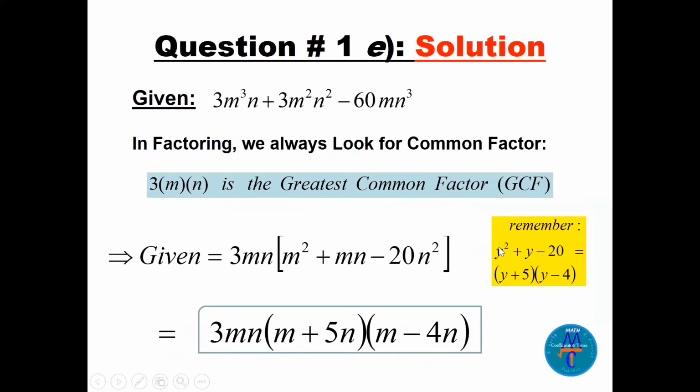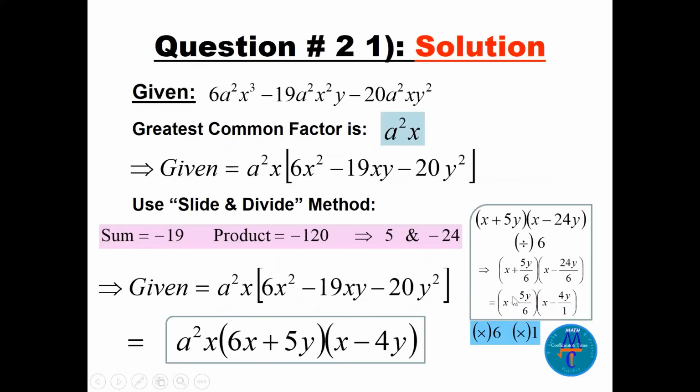Remember guys, 3 terms, and here the leading coefficient is 1, so that's easy. This one is the sum, and this is the product, minus 20, so that's easy numbers. But if this number is not 1, let's say 5 or 4 or 3 or 2 or 7, then I have to use a new method. We call it the slide and divide method.